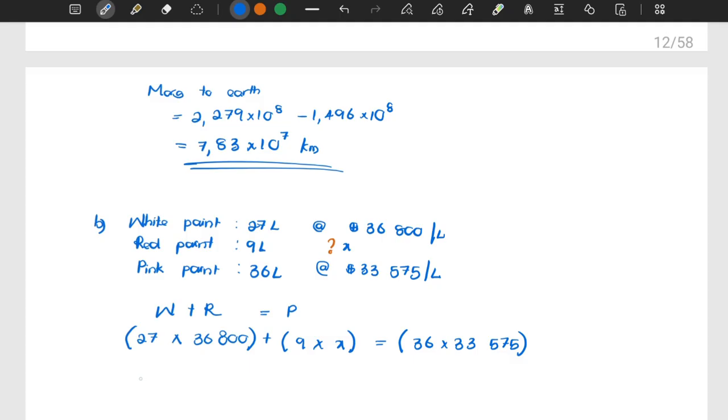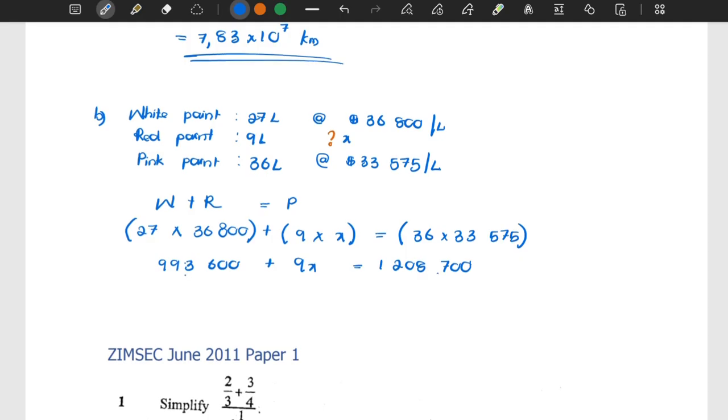Simplifying that with the calculator, we get 993,600 plus 9 times x, whatever rate the red paint is going to go for. 36 times 33,575 will be 1,208,700.